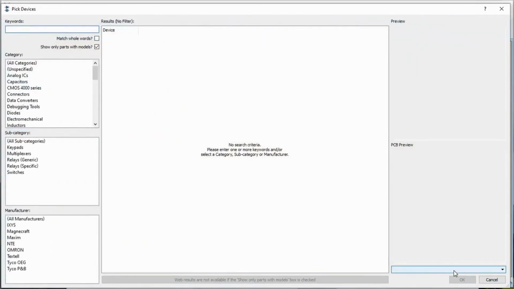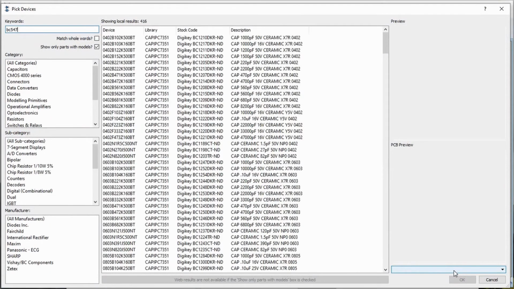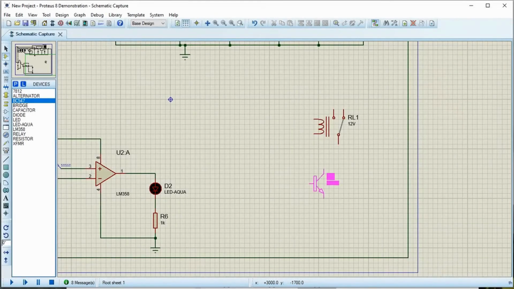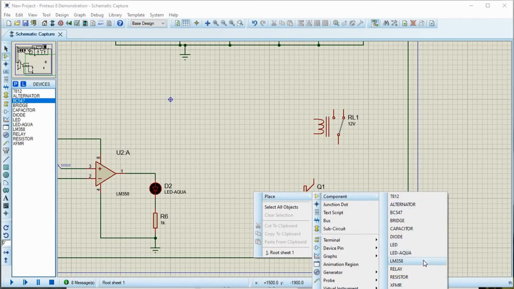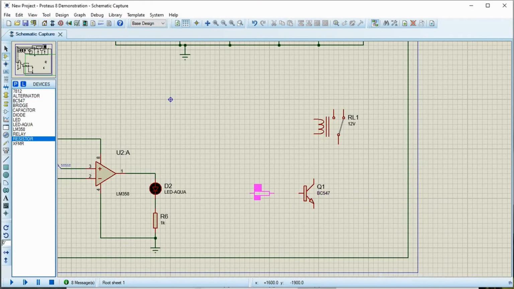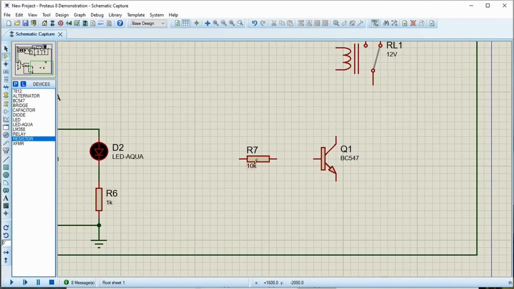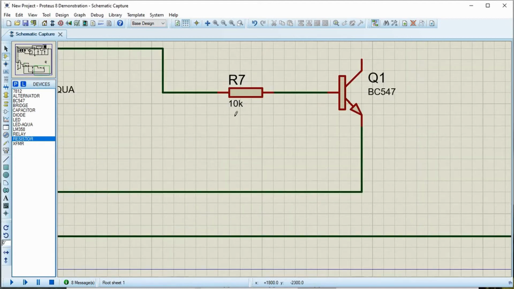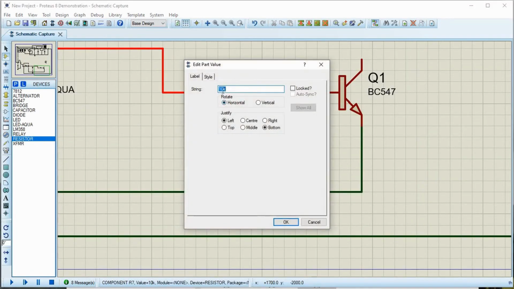So NPN transistor will be BC547 NPN transistor. This is generally what I use for relay operation. Then one more resistor. The base needs a resistor. Again, check out the transistor chapter once before coming here, so you will understand why we need a base resistor. What should be the value of this base resistor? So I'll just put it to 1K.